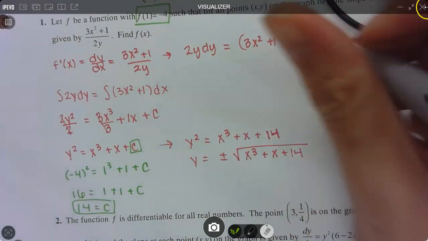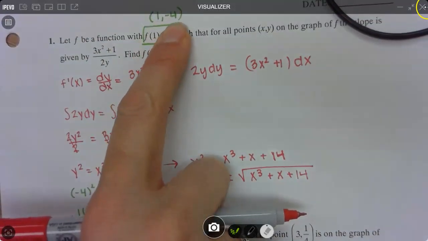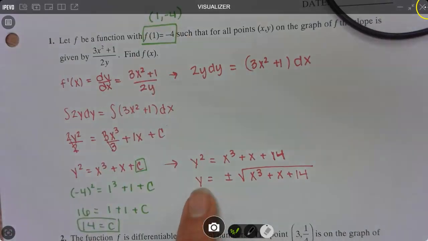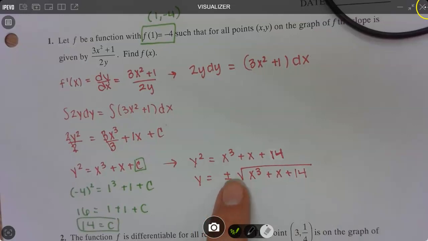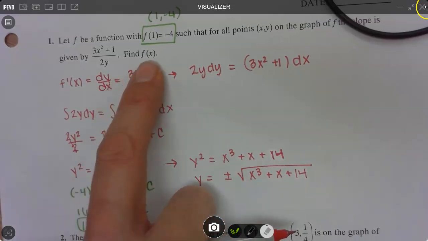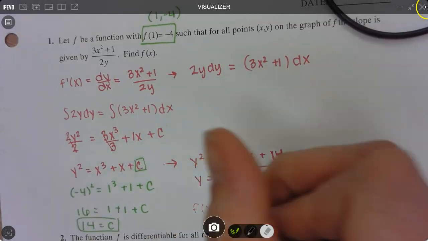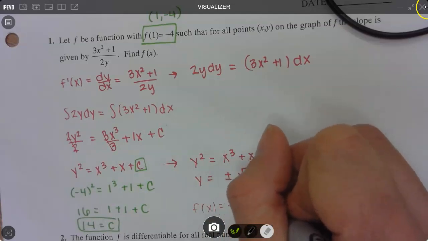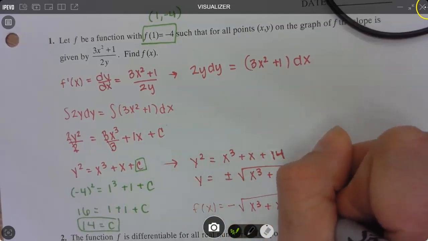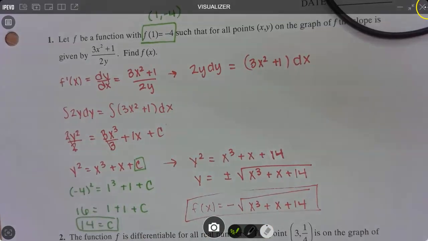And again, if I plug in x equals 1, I need my y to be -4. So if I'm taking the square root of both sides, in the case of this problem, my f of x needs to be the negative square root of x cubed plus x plus 14.